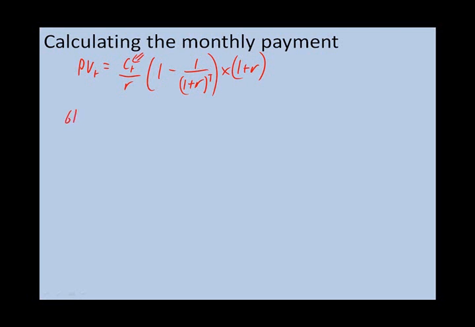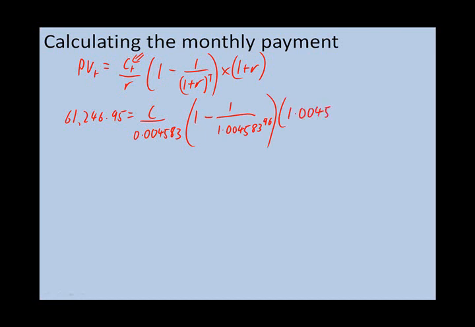We've got 61,246.95, and that's equal to C divided by 0.004583, all multiplied by 1 minus 1 over 1.004583 to the power 96, and that is going to be multiplied by 1.004583.